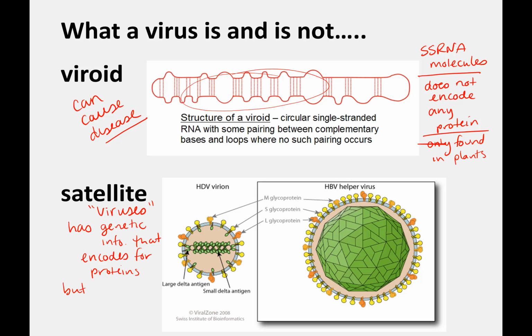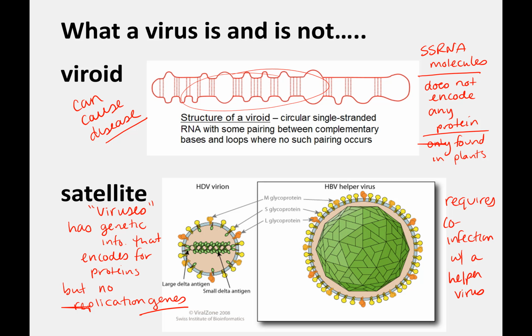But it doesn't have genes for replication. Which means it requires co-infection with what we call a helper virus. So it needs another virus to help it replicate.